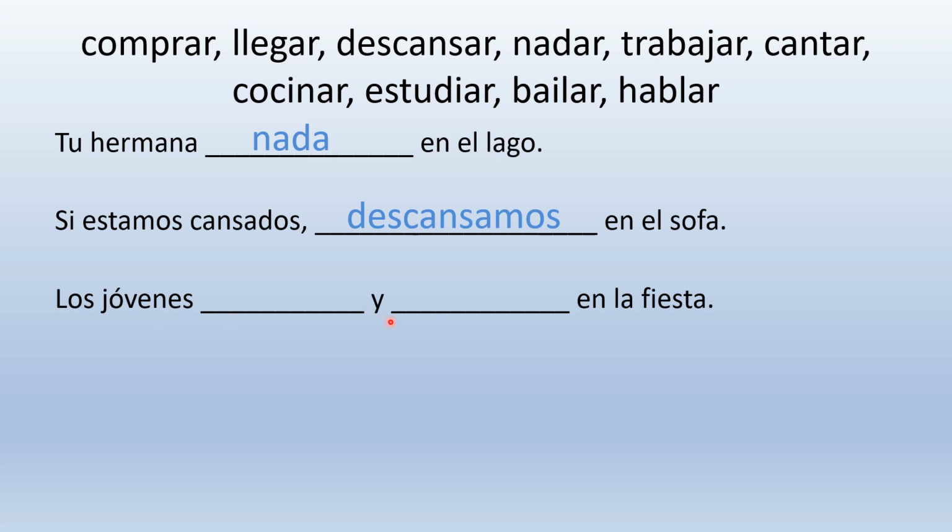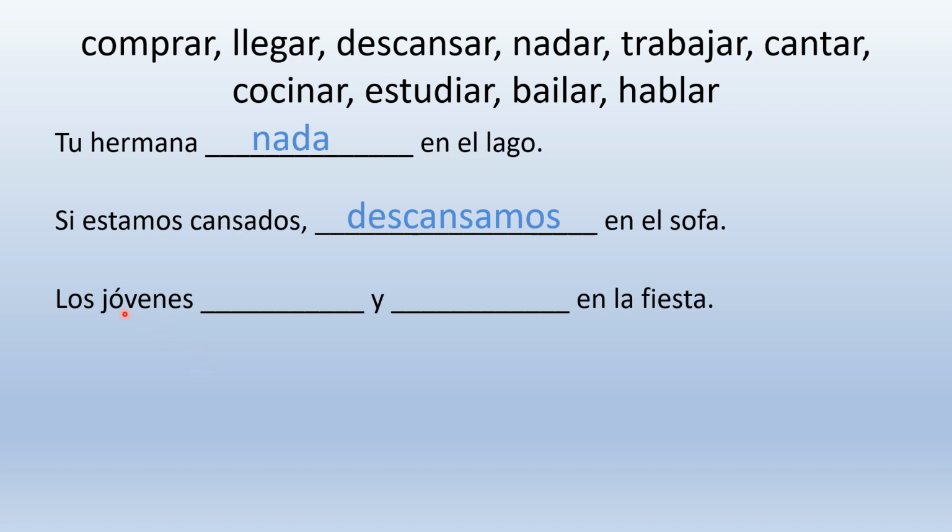Blank y blank en la fiesta. So the young people blank and blank at the party. So let's look up here. What two would work? Did they swim? Maybe not. Do they work at a party? Probably not. What about sing? Yeah, they probably sing, and I'll say dance at the party. So how would we conjugate that?